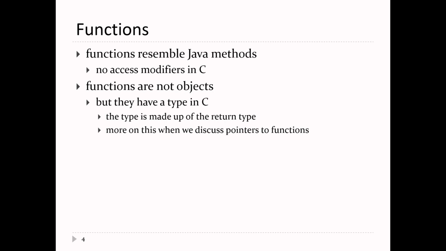What that means is that you can make a variable and store a pointer to a function in that variable. In other words, you can create a variable whose type is the same as the type of the function. Now you can effectively store a function in a variable, which means you can pass that function around to other functions. We'll talk more about this when we talk about pointers to functions.